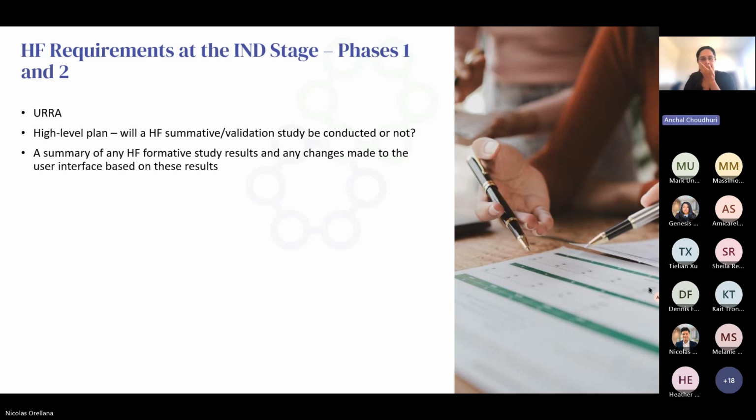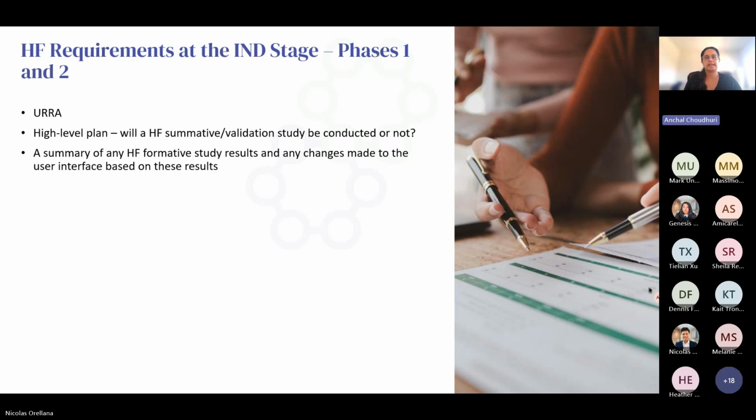And I'll just mention, while we're waiting for other questions, so clearly this was focused mainly on FDA requirements. In the EU, human factors is also required. IEC 62366 is the standard that's followed.